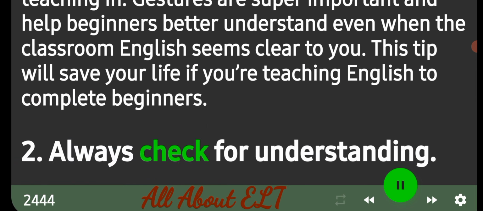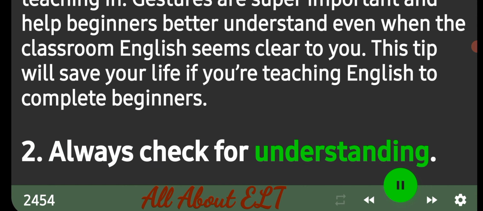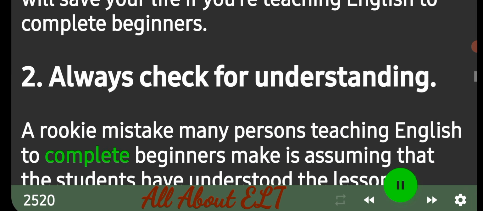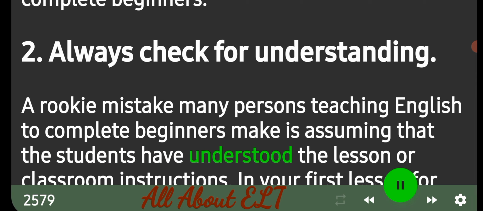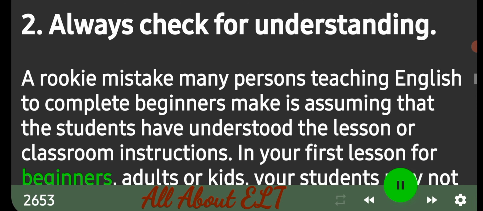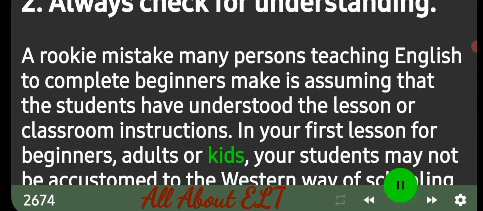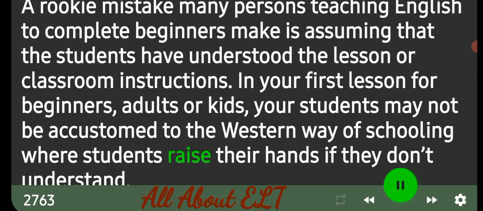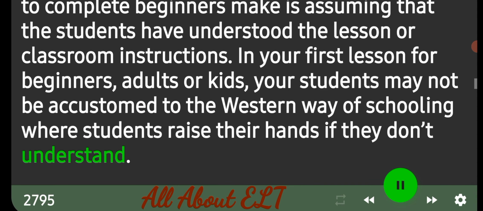2. Always check for understanding. A rookie mistake many persons teaching English to complete beginners make is assuming that the students have understood the lesson or classroom instructions. In your first lesson for beginners, adults or kids, your students may not be accustomed to the Western way of schooling where students raise their hands if they don't understand.